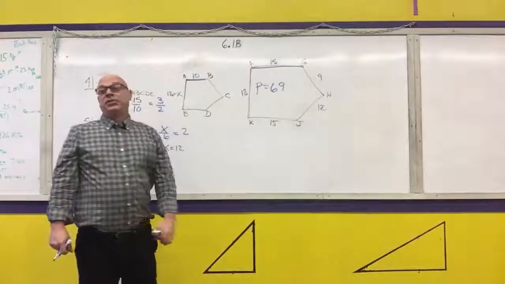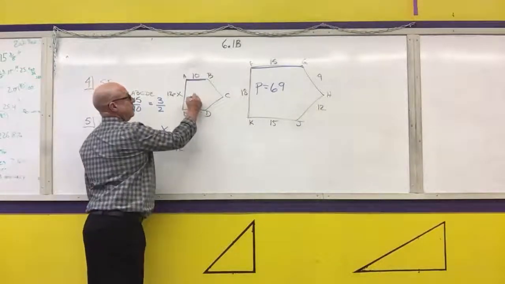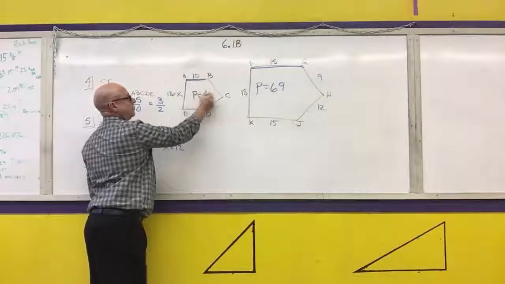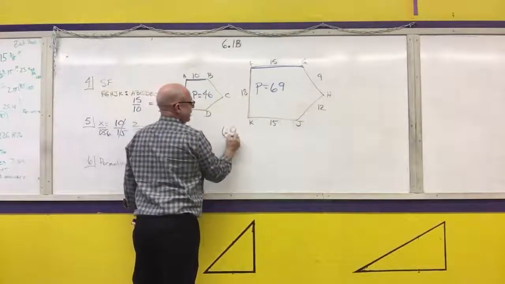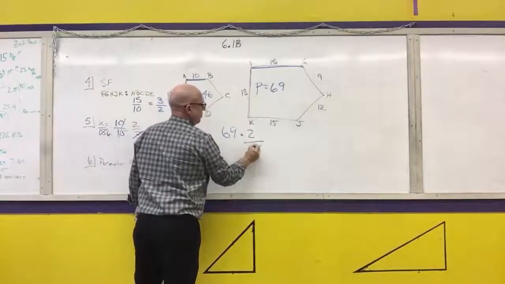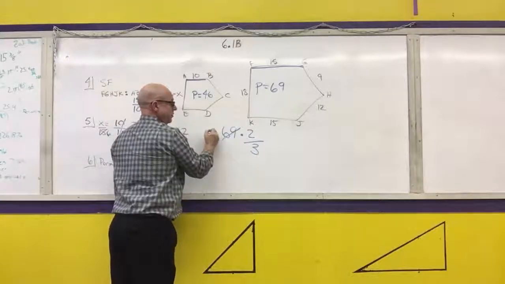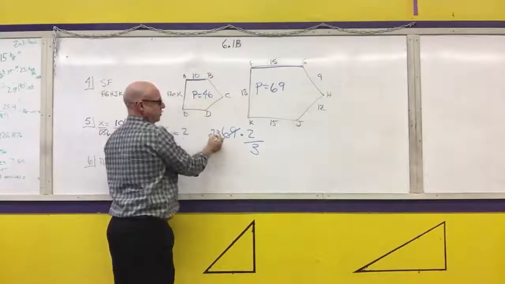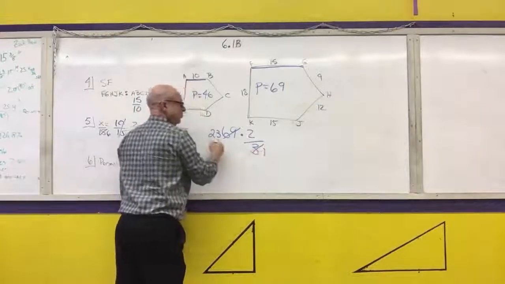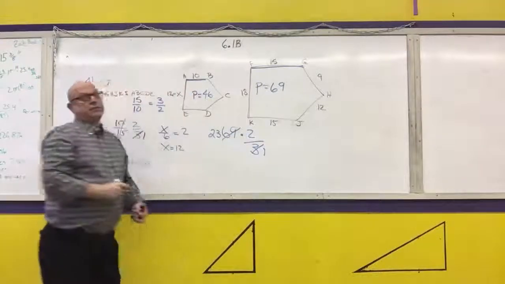What's 23 times 2? 46. This was 69 times 2 over 3. Well, 3 goes into here 23 times. 3 goes into there once. 23 times 2 is 46.